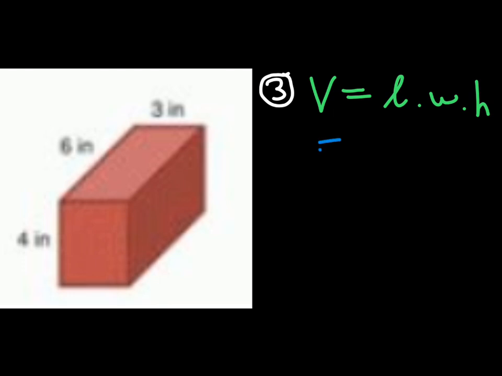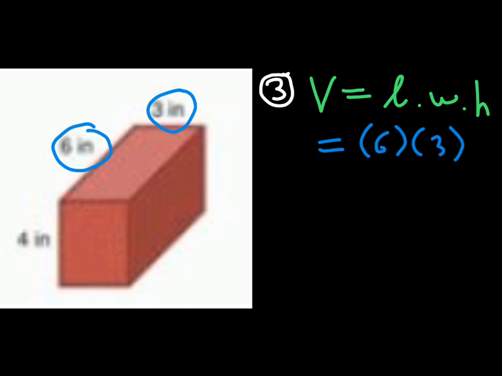So the first value is length. And if we have a look at our rectangular prism, we can see that our length is 6 inches. Next, our width is 3 inches. And lastly, our height will be 4 inches.